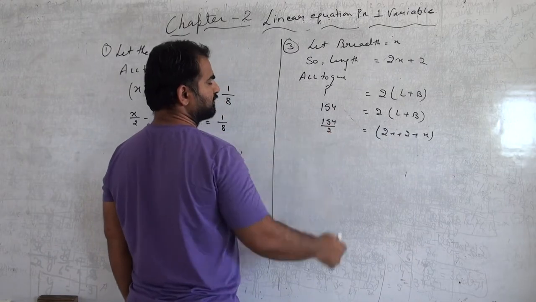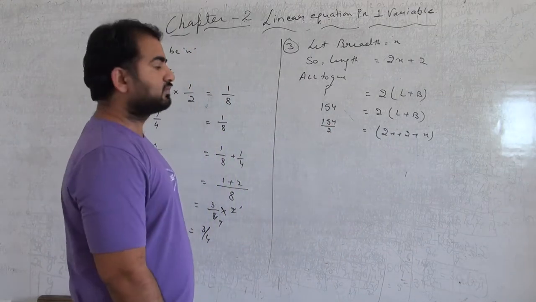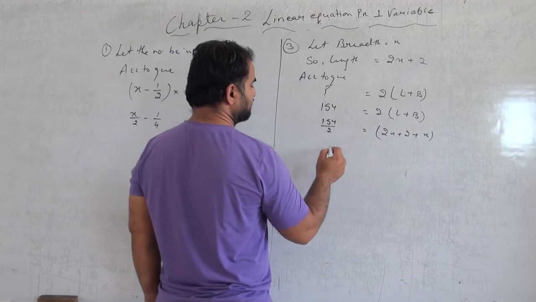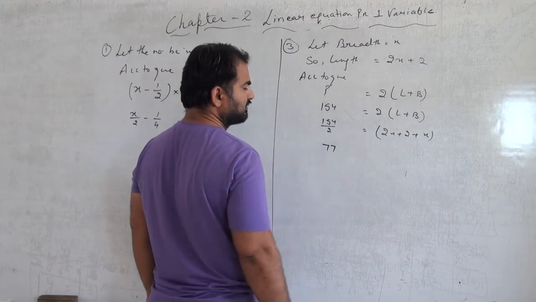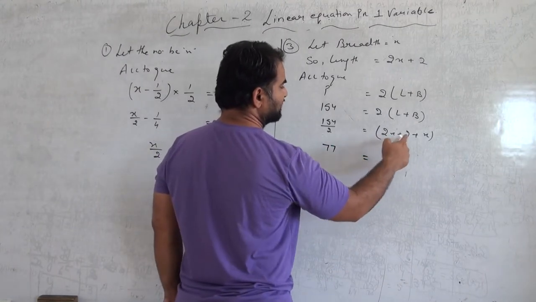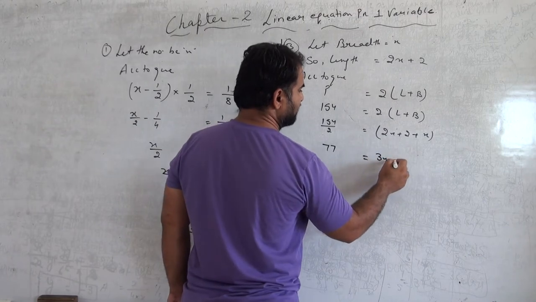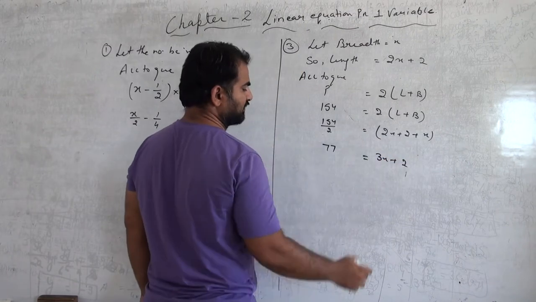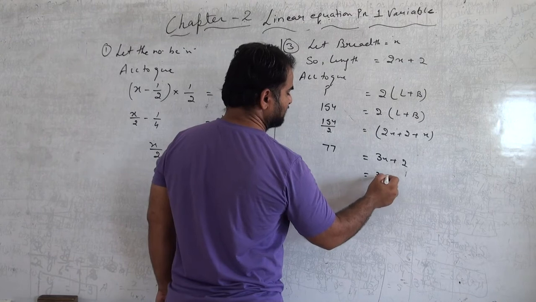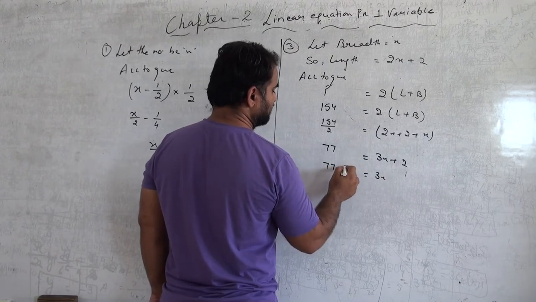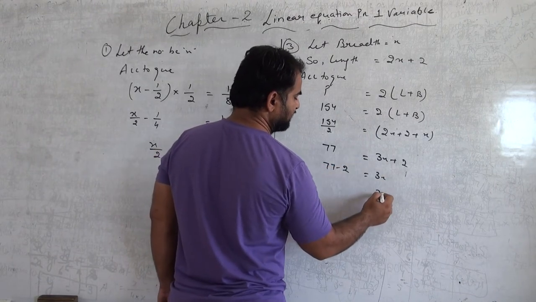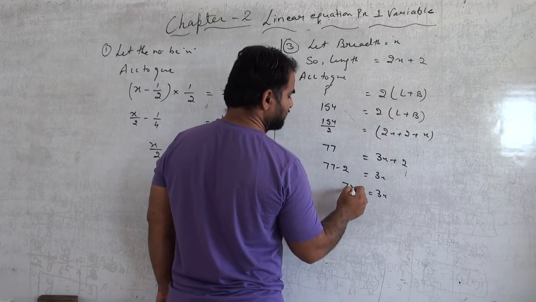So 154 upon 2 is 77 equals 2x plus x, 3x, plus 2. So 3x equals 77 minus 2, and 3x equals 75.